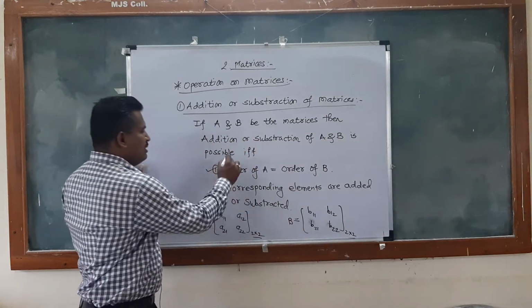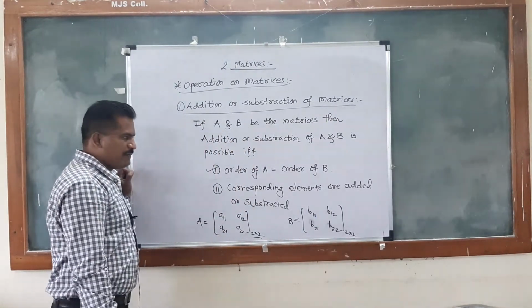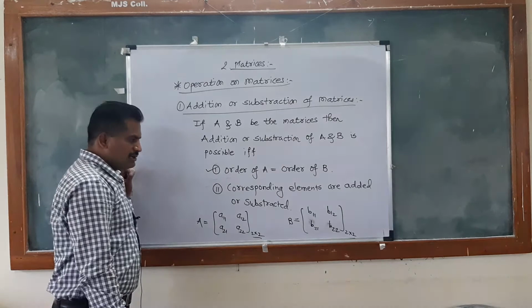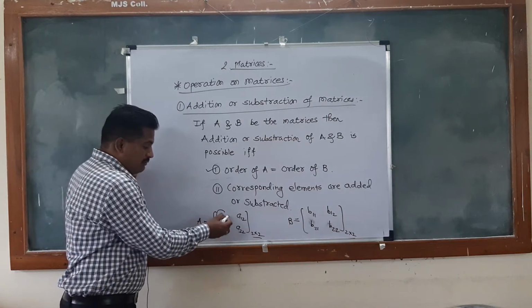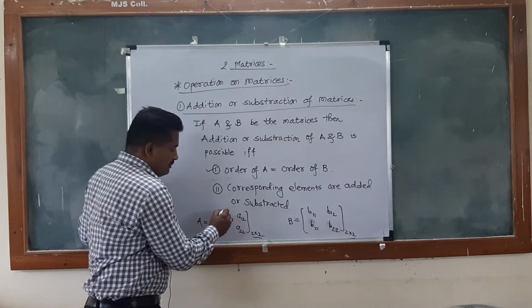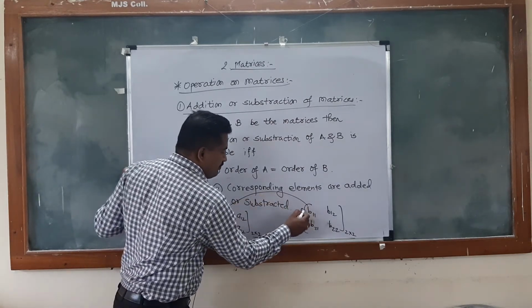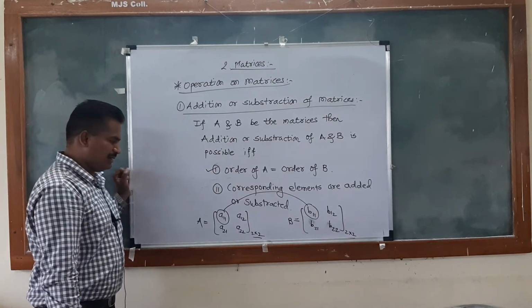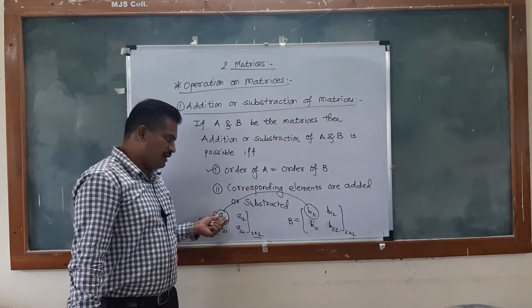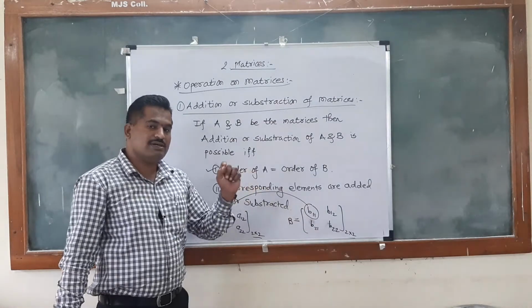First point, the order of A is equal to the order of B. And second, corresponding elements are added. That means A11 moves toward B11, so addition of A11 and B11 is possible.